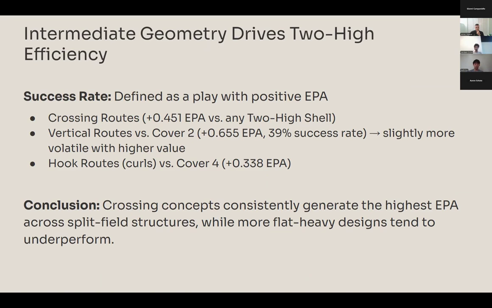What we define that as is pretty much any play with positive EPA. So looking into the different routes, I think the data was very useful in giving the routes that each player ran. I haven't seen a lot of data like that, especially in something like a Big Data Bowl. So I thought that was pretty cool.